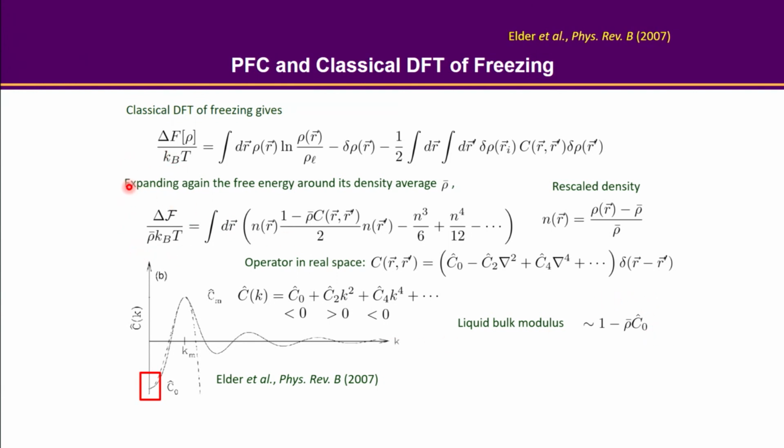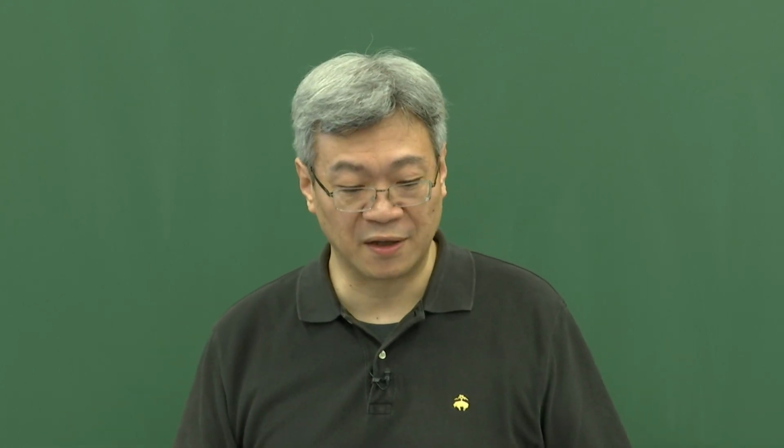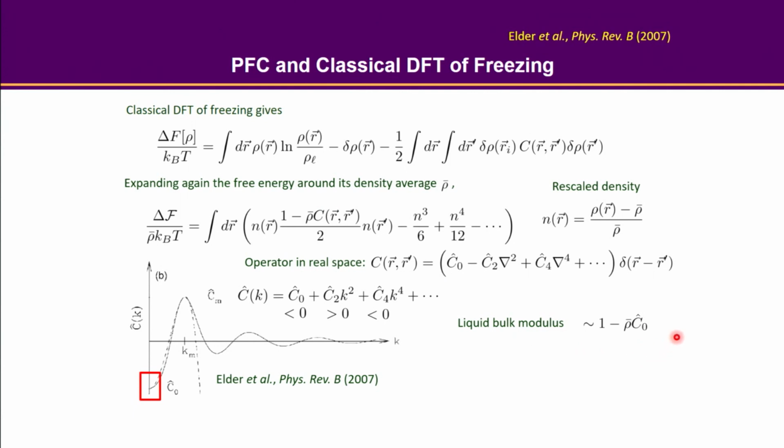Now consider the density is homogeneous, right? If there is a density change, so you can change the density by squeezing or expanding the volume, then you are seeing that the energy increases proportional to this rho bar kBT times some coefficient, this 1/2 times 1 minus rho c, corresponding to the volume strain squared. So straightforwardly, you immediately see that 1 minus rho C0 corresponds to the liquid elasticity.